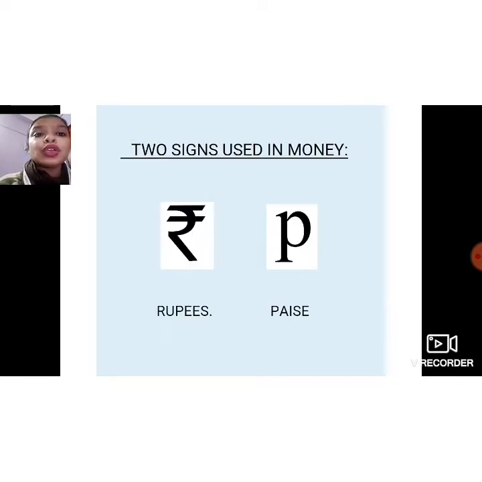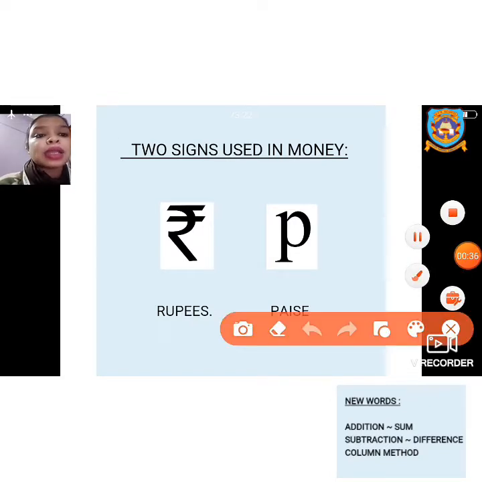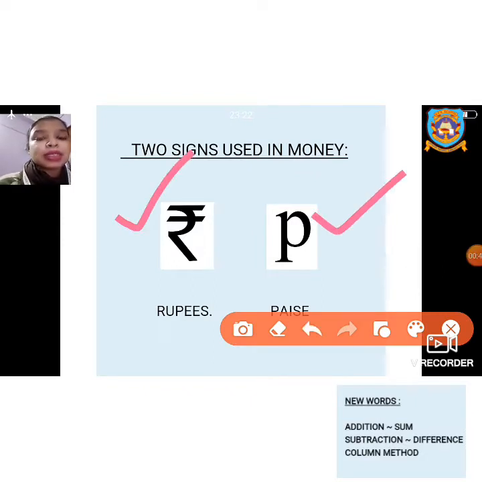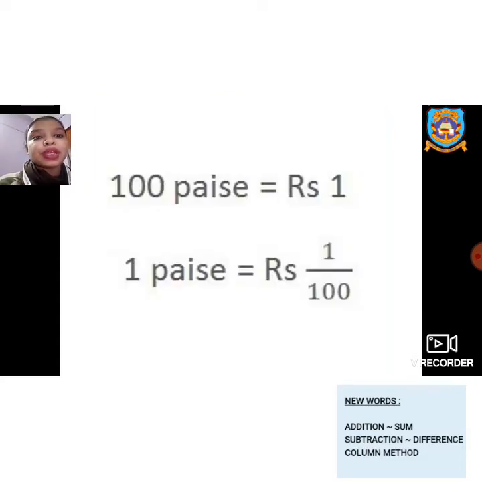Now we already know the two signs used in money: the rupee sign and the paise sign. This is the rupee sign and this is the paise sign. The relation between rupees and paise is that 1 rupee has 100 paise, and if you have to find it in terms of rupees when a paise value is given, it is 1 by 100.